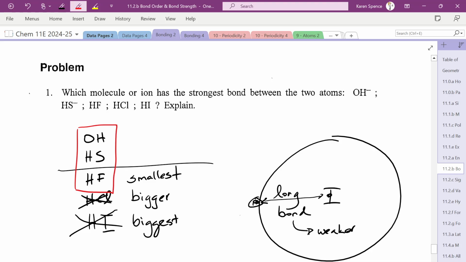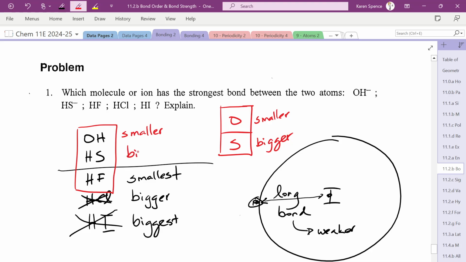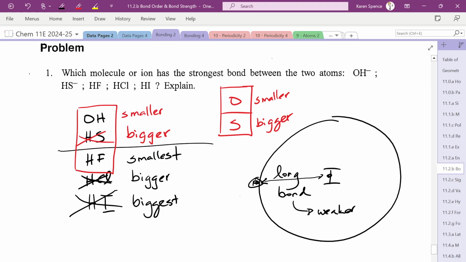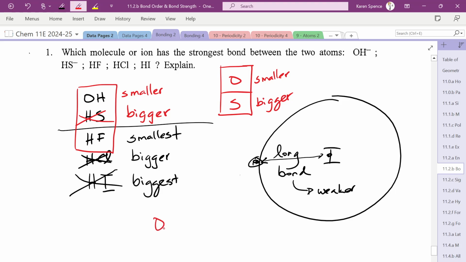I've got OH and HS, and on my periodic table, here's O and here's S. So this is smaller, this is bigger. So I'm going to say, okay, that one, no. And now I'm comparing OH and HF.